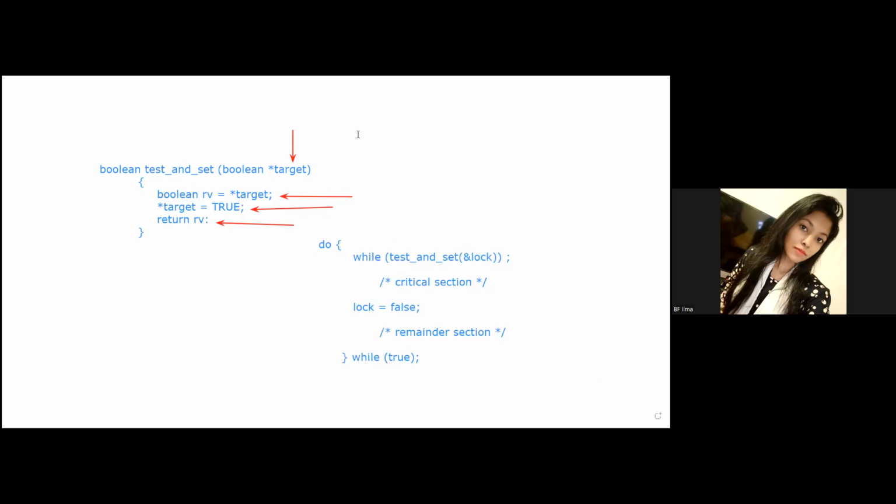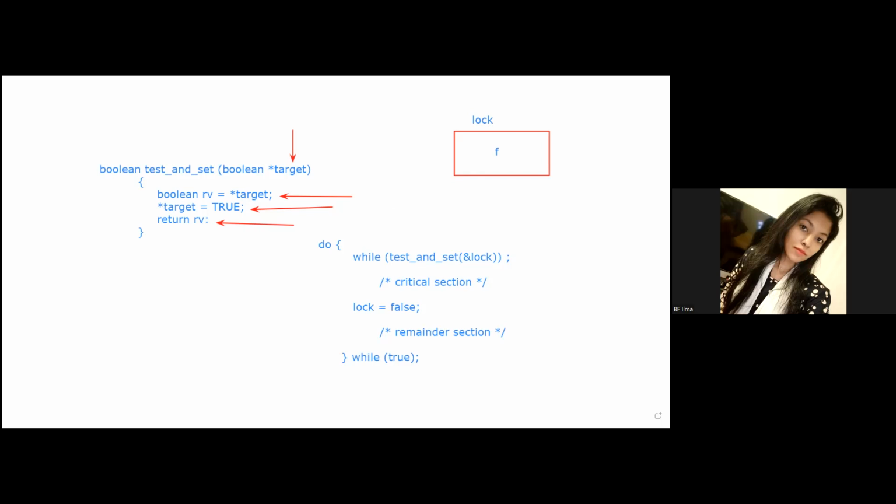Suppose initially, as before with the turn variable, we have something called lock, which is a Boolean. Initially this is false, which means metaphorically the critical section is not locked. Therefore, when a process initially tries to enter the critical section, it checks here with test and set, and it sends this lock value.